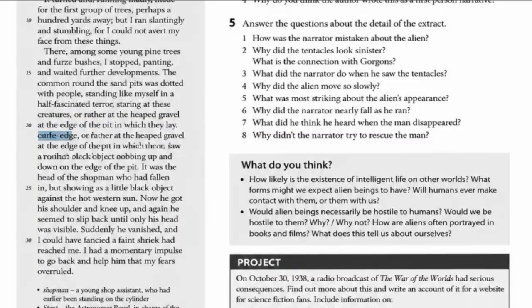And then, with a renewed horror, I saw a round black object bobbing up and down on the edge of the pit. It was the head of the shopman who had fallen in, but showing as a little black object against the hot western sun.